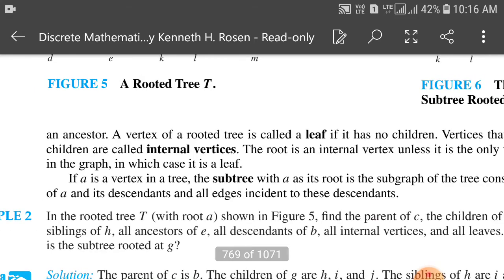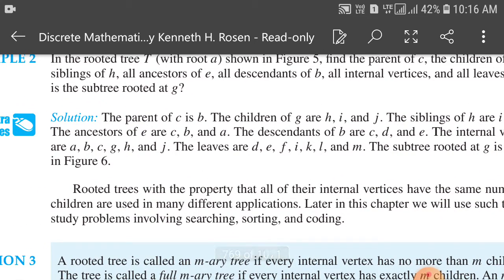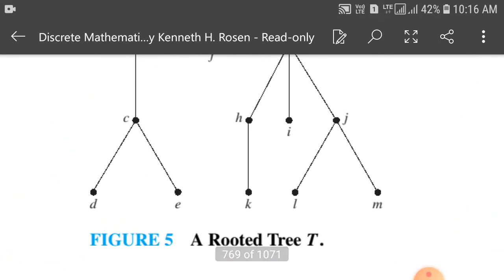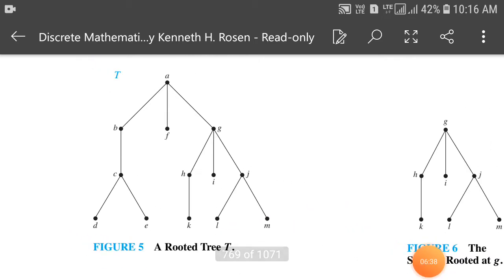Now in the next one, the ancestors of E are C, B and A. How will we find the ancestors of E? Observe in this graph, what is the parent of E? C. Now C's parent is B, B's parent is A. So we go from this vertex up to the root vertex, upward, not below.